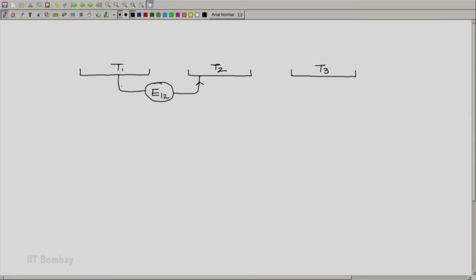working between T1 and T2. We have another engine E23 working between T2 and T3. Here also we have W23 greater than 0.